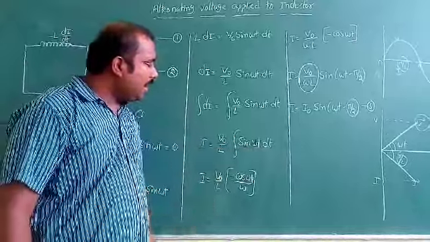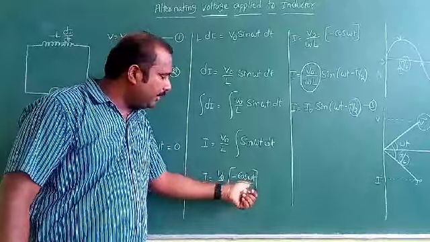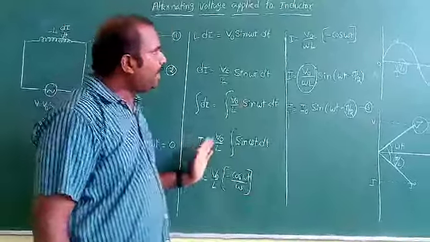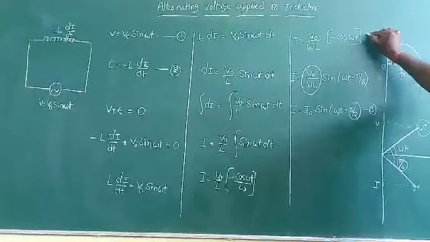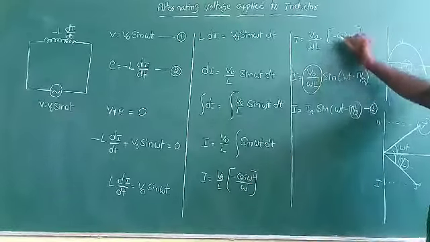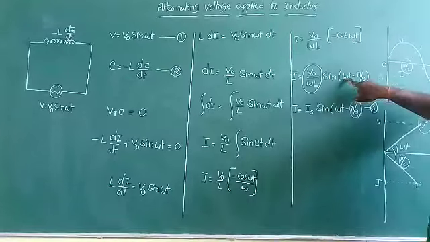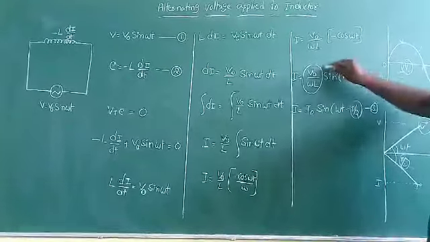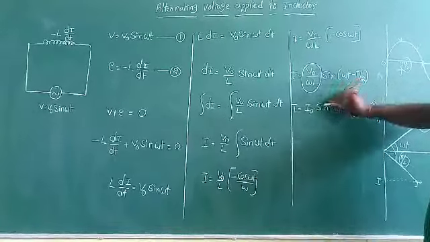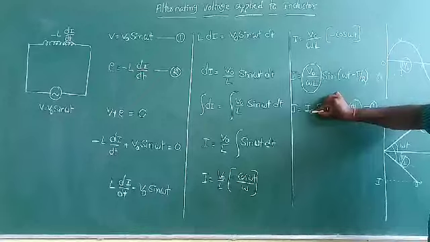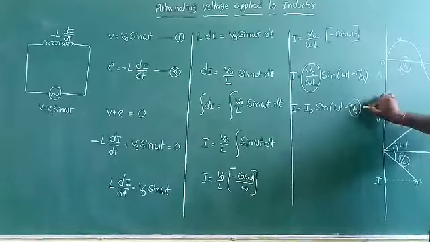And this integral of sin ωt dt is equal to minus cos ωt by ω. The ω is taken out. Now V0 by ωL is multiplied with minus cos ωt, and this minus cos ωt I can write as sin(ωt − 90°). Finally, V0 by ωL I can write as I0, the maximum or peak value of current, and I = I0 sin(ωt − 90°).